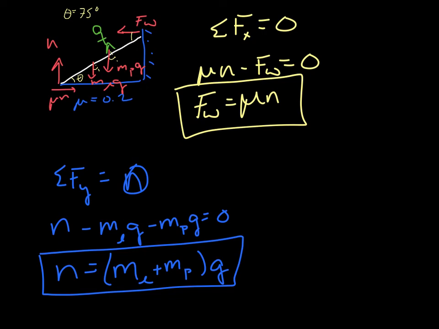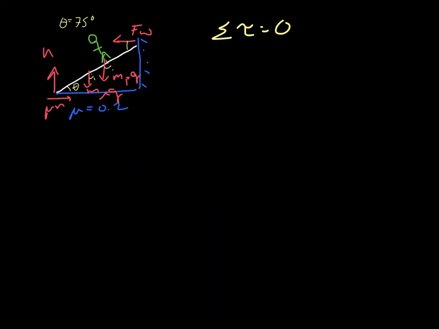Alright, two of the basic equations. Now let's plug in the torque equation. So now we're looking at sum of torques equals 0, and let's rotate around this axis right here. So we'll start with the torque from the ladder right here at half the ladder's distance.